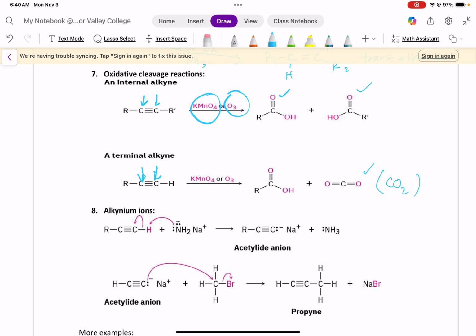Okay, here's a really cool one. Alkynium ion. If you throw in a very strong base, it's going to take that hydrogen to form the alkynide, which is C triple bond minus, acetylide ion. And that's an excellent nucleophile.